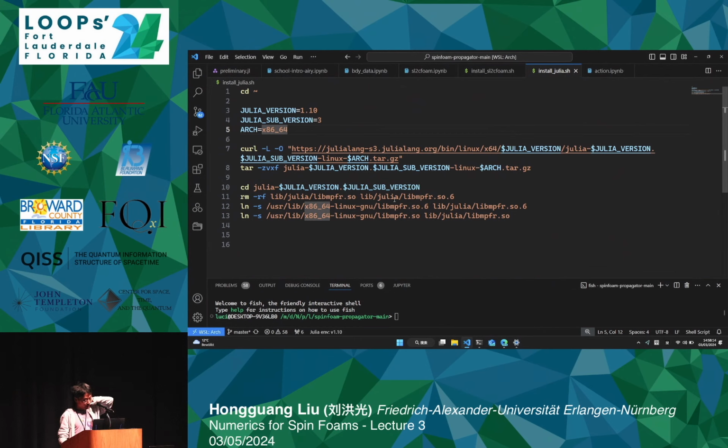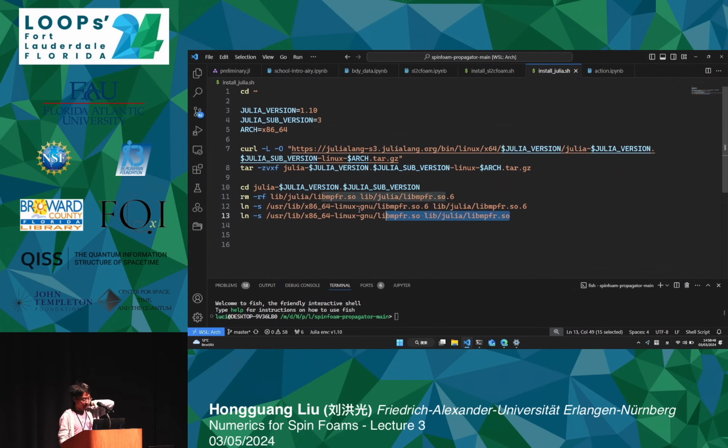The special thing is that you need to replace the pre-compiled dynamical library with the version in your system. The reason is that the C code is written with a high precision library, with float 128, but the Julia version is not compiled with it. That's why you need to replace it a little bit.